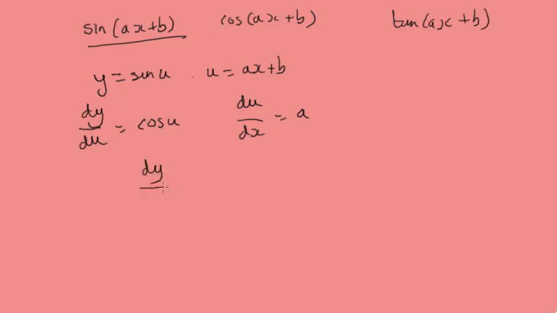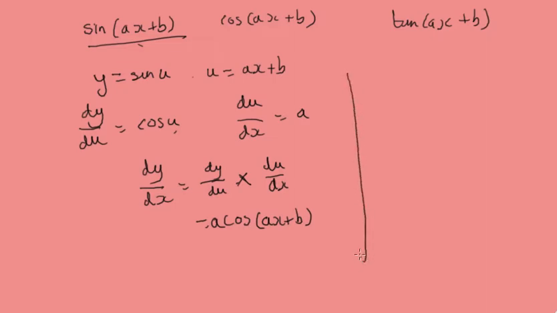Therefore dy by dx will be equal to our dy by du times du by dx. So that's cosine u, but we're going to substitute back in with what our u is, ax plus b times du by dx, which is a, so we'll put the a here actually just for neatness. So we get this.